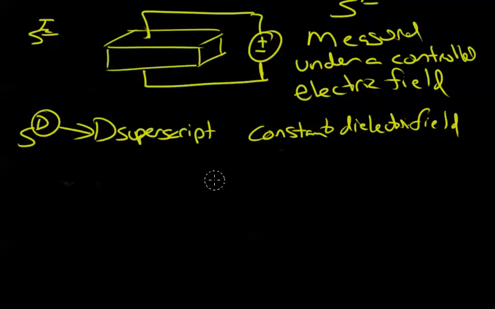So the constant dielectric displacement means that there's no charge on the surface.